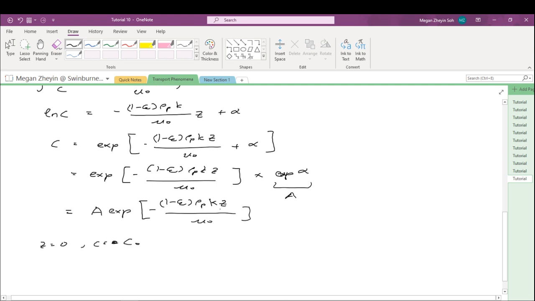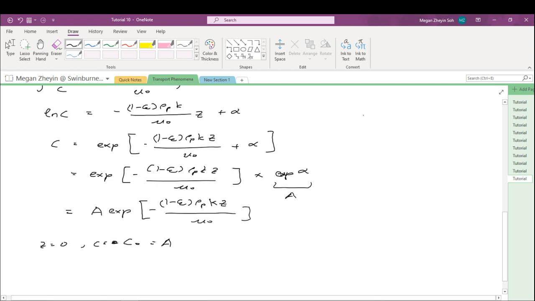Therefore, when z equals 0 over here, we get that c is equal to a, because the exponential of 0 is 1. So c is equal to a, and therefore C0 is equal to a.